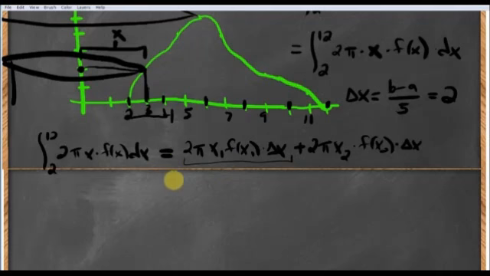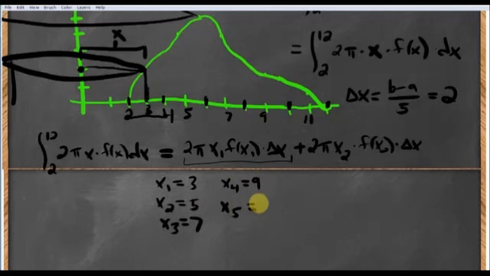Okay. So that would mean that x1 is 3, x2 is 5, x3 is 7, x4 is 9, and x5, because I'm supposed to have 5 shells, is 11. So what you would do is you would take these x values and plug them in to each one of these and evaluate.